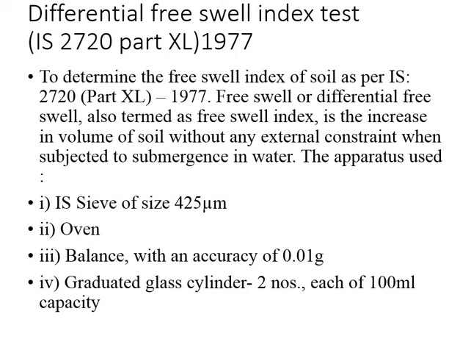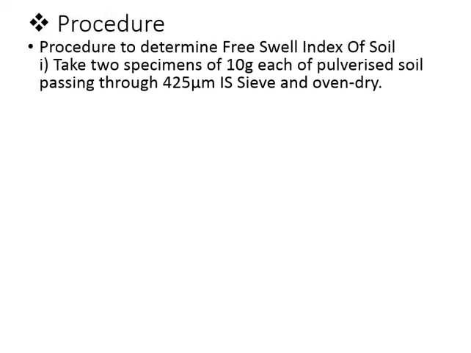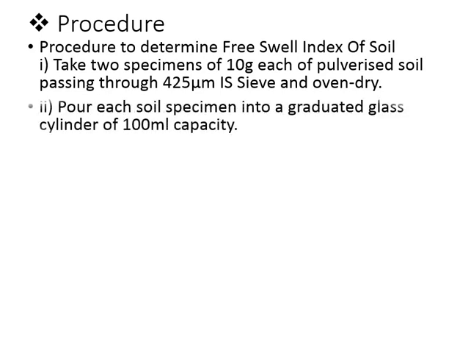The following is the apparatus used to know the percentage of swelling by using the free swell index test. We require an IS sieve of size 425 micron, then a balance, then graduated glass cylinders, two in number. These are the different procedures.